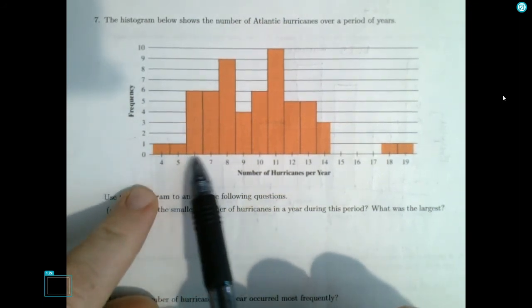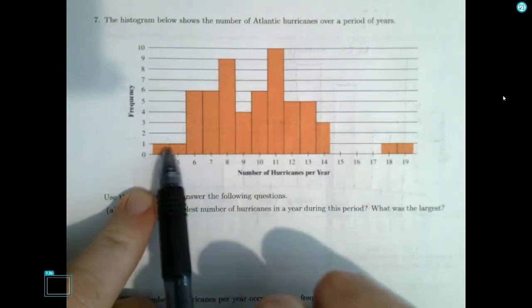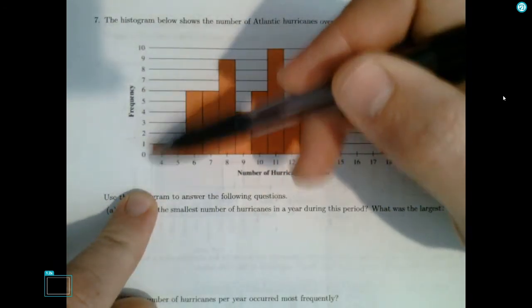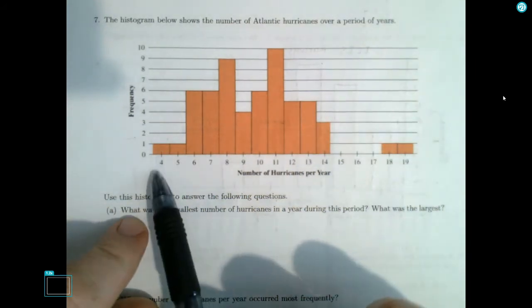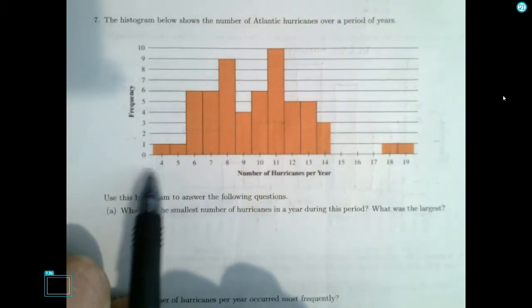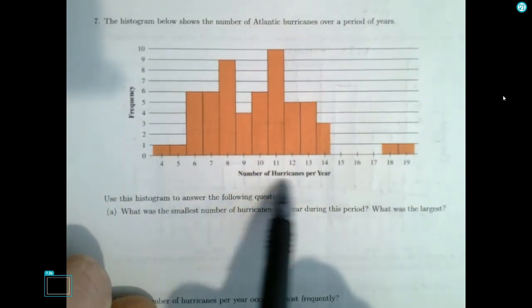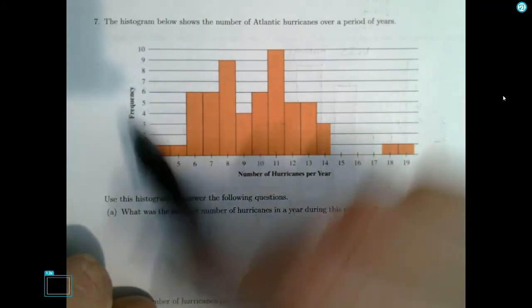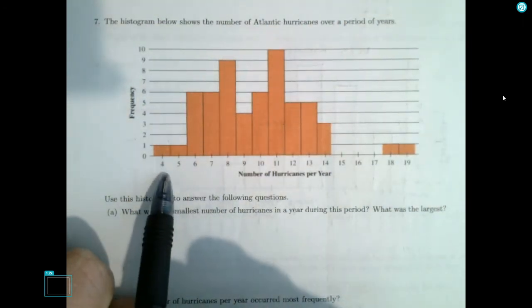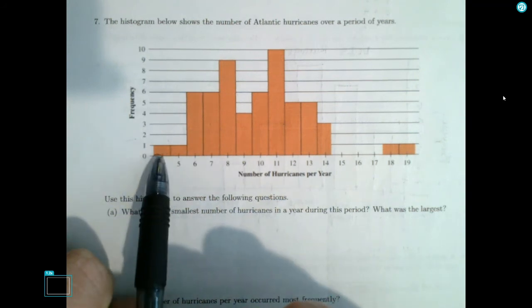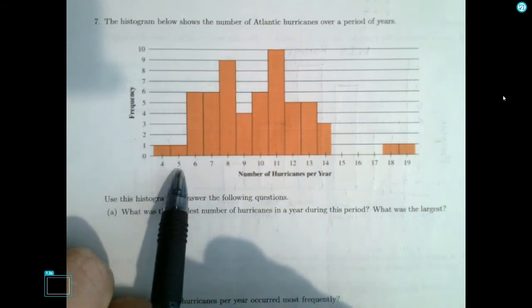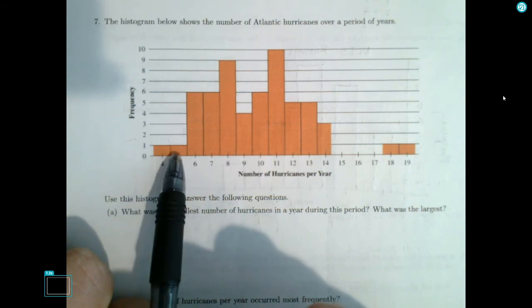So number of hurricanes per year is down here along the x-axis, and the frequency is along the y-axis. So when it says 4 over here, they're saying 4 hurricanes per year. And when they say that happened one time, we're talking about the frequency, right? So we're saying there were 4 hurricanes per year once, there were 5 hurricanes per year once.